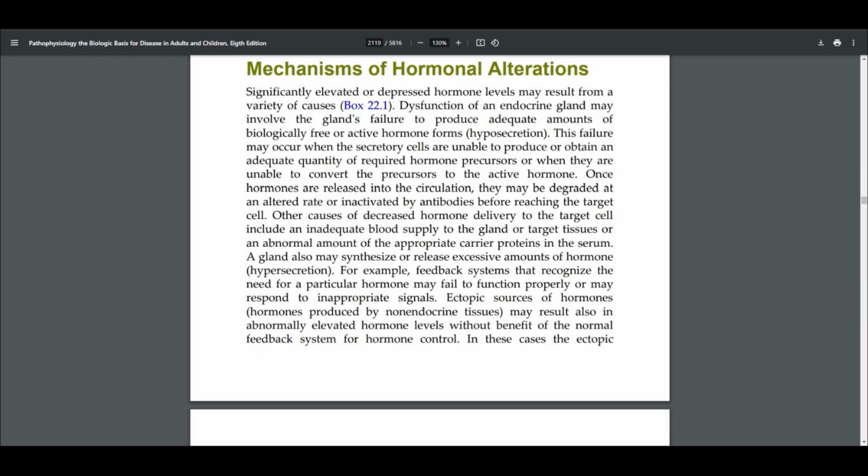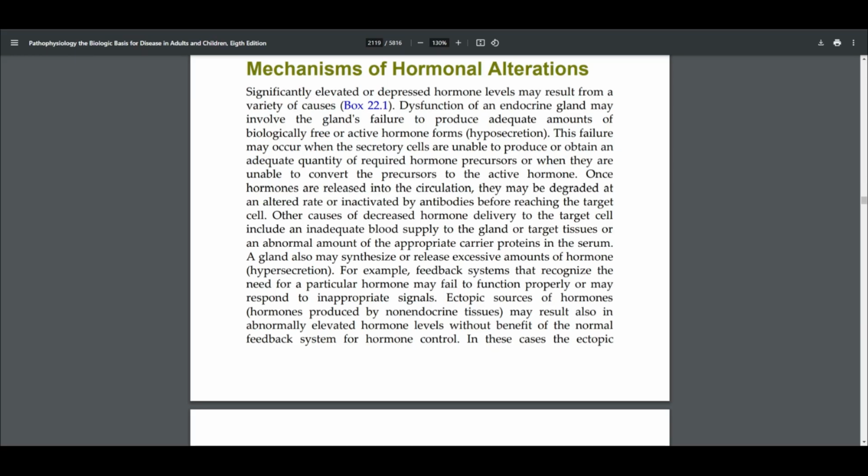Once hormones are released into the circulation, they may be degraded at an altered rate or inactivated by antibodies before reaching the target cell. Other causes of decreased hormonal delivery to the target cell include an inadequate blood supply to the gland or target tissues, or an abnormal amount of appropriate carrier proteins in the serum.